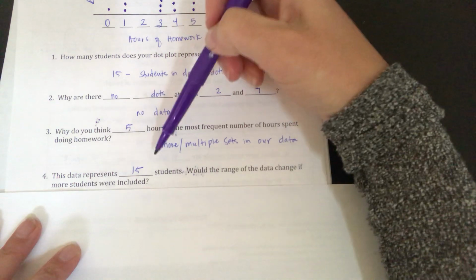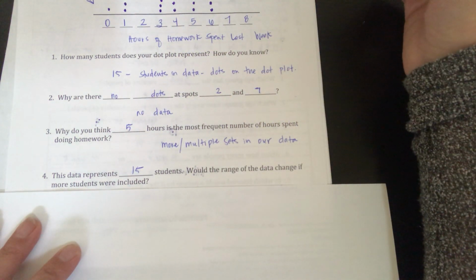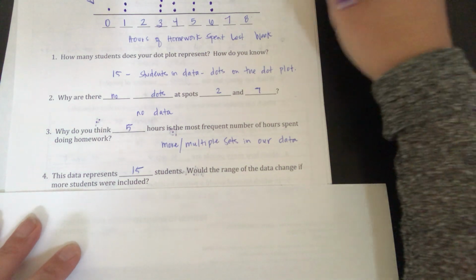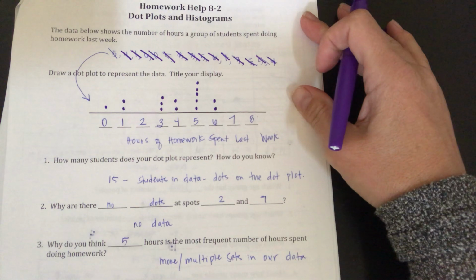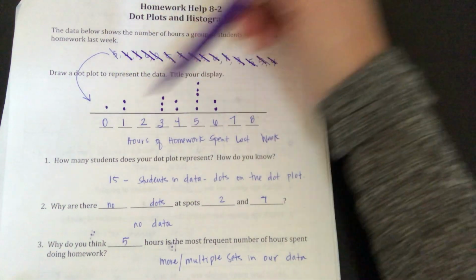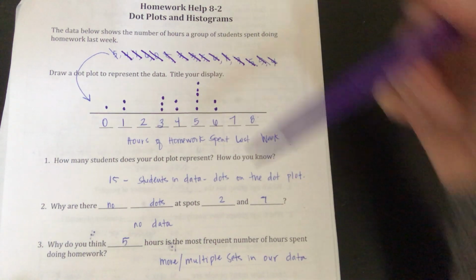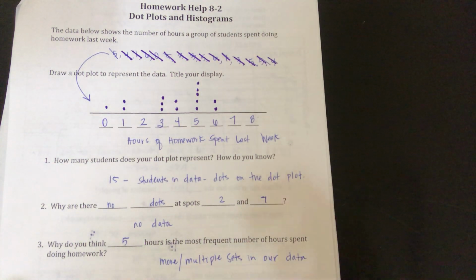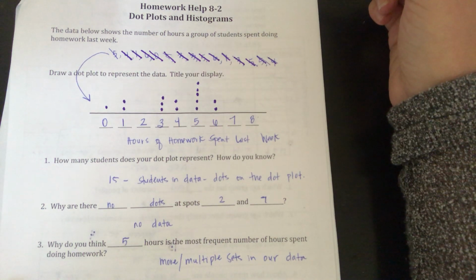This data represents 15 students. Would the range of the data change if more students were included? I don't really know that the range would change. The range is the lowest to the highest point on your graph. I don't know that if we surveyed more students, there would be people doing 7 or 8 or 9 hours of homework, okay?